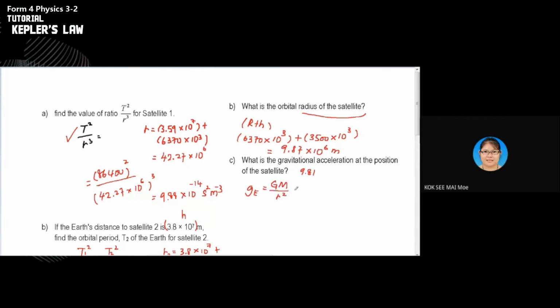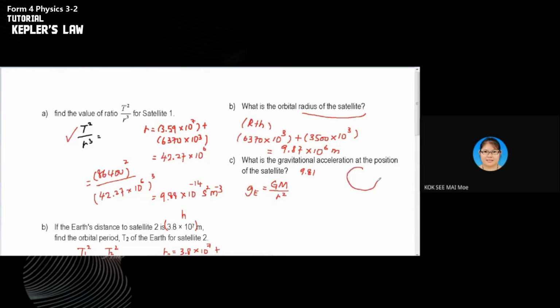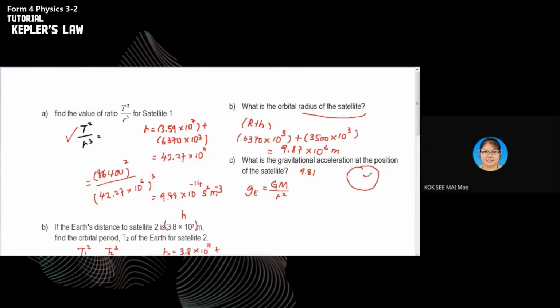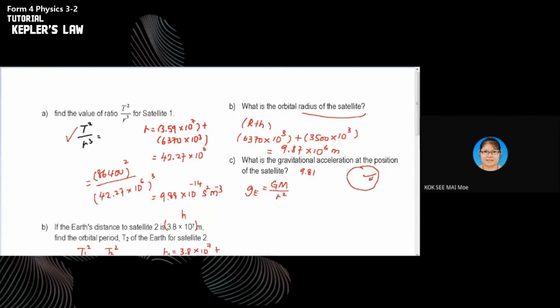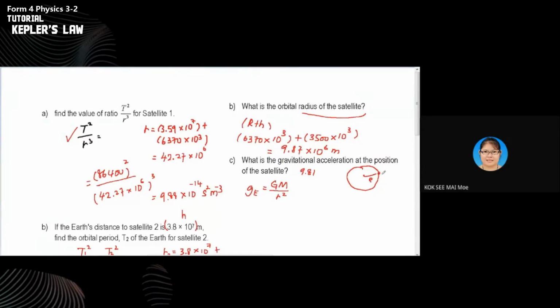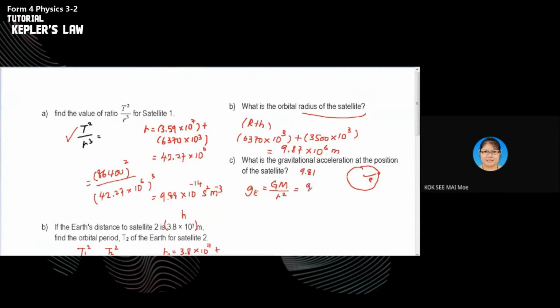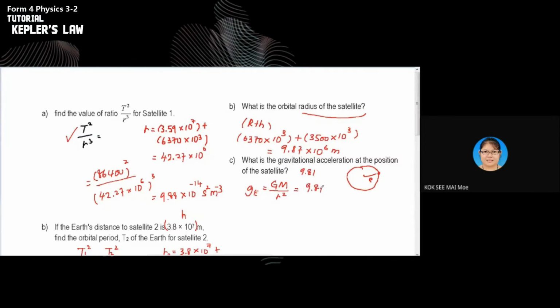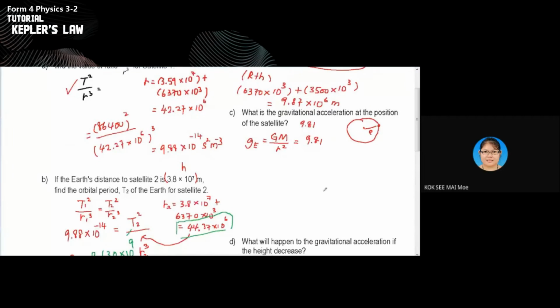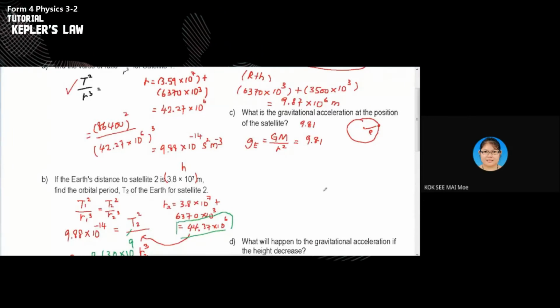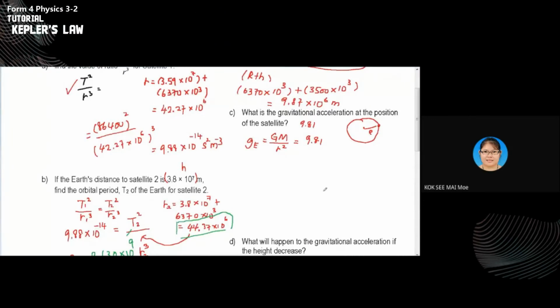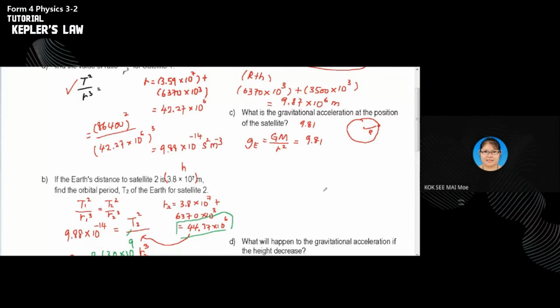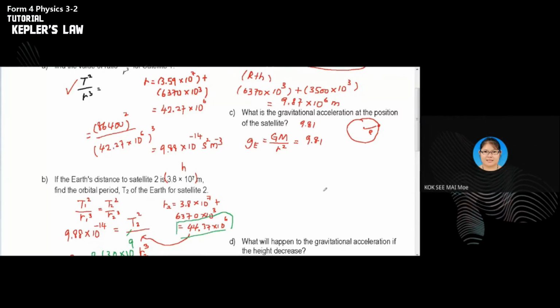This one R is the Earth radius when you are on the surface. Normally we get the answer 9.81. So for this question, we use 9.81 to solve it.